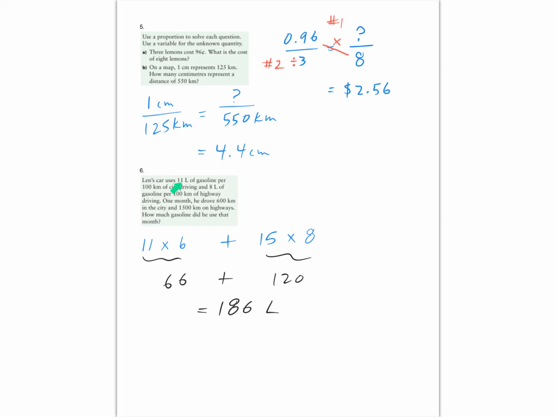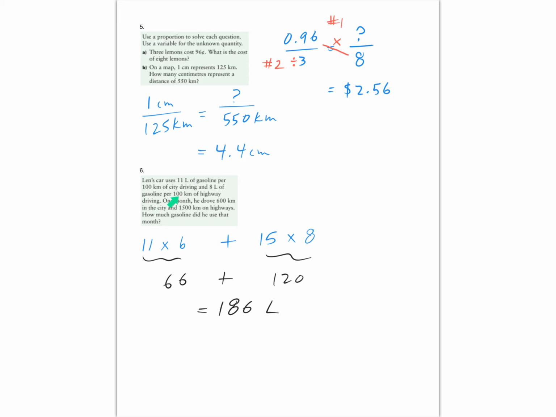And usually a car has about 40 or 50 liters of gas in the tank. So for about a quarter or a fifth of his tank of gas, he can travel 100 kilometers in the city.